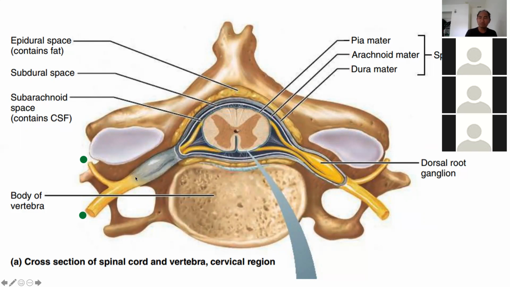The combination is called the spinal nerve. The spinal nerve we divide into the posterior or dorsal ramus and the anterior or ventral ramus. And we know that the dorsal ramus will go to the muscles of the back, so our erector spinae.